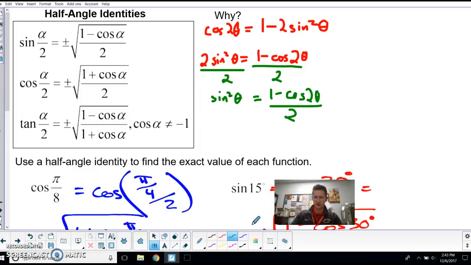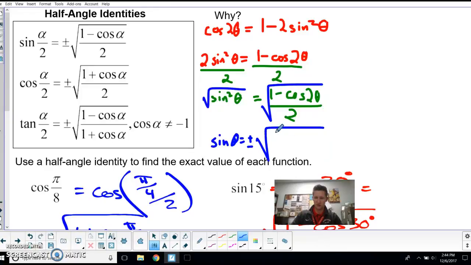And then, if I were to take the square root of both sides, the square root of sine squared will be just sine. So I'd have the sine of theta is equal to the square root of all this. And it would be both positive and negative. So both plus or minus the square root of 1 minus the cosine of 2 times theta all over 2.